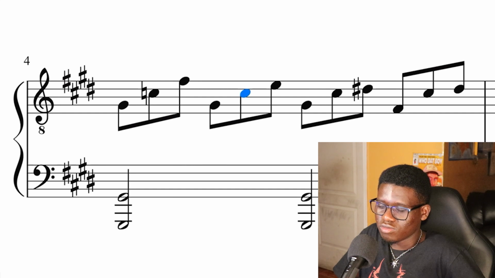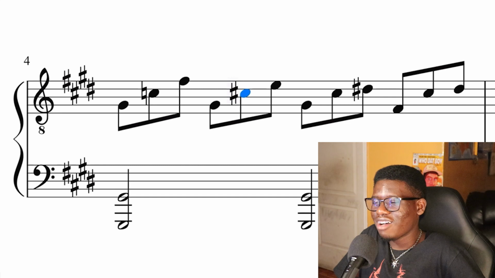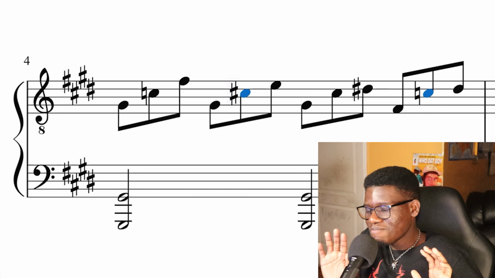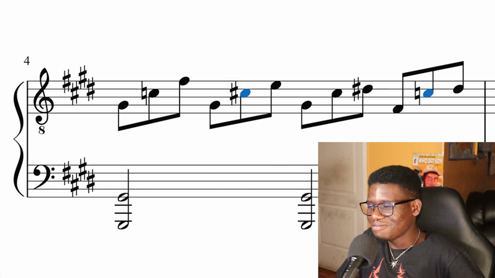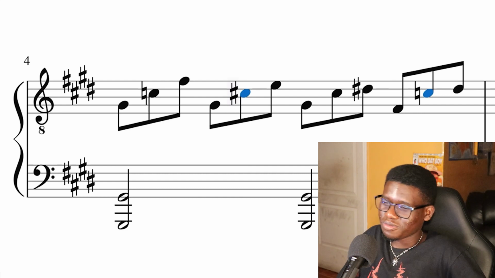So to fix this, we're now going to have to add a sharp to this C. But wait, there's more. Just like the natural mark, the sharp we've added also lasts for the entire bar, meaning that it's turned this C, that was a C natural, into a C sharp. So now we have to add another natural mark to undo that sharp. So as you can see, this has quickly become quite a mess.